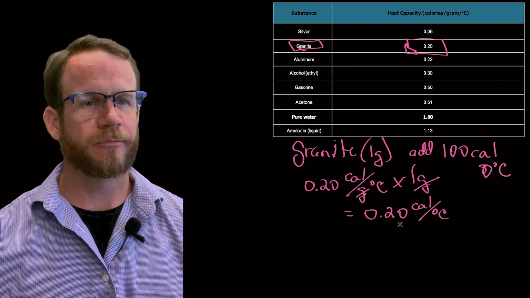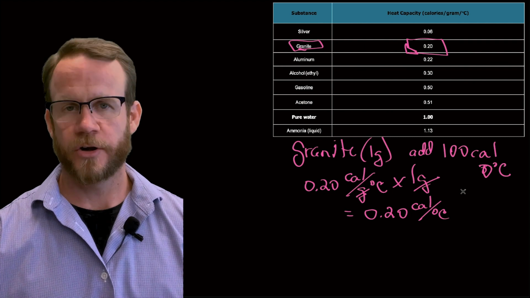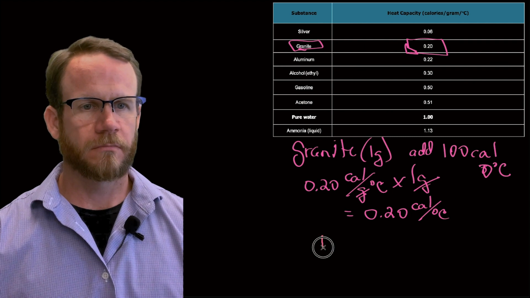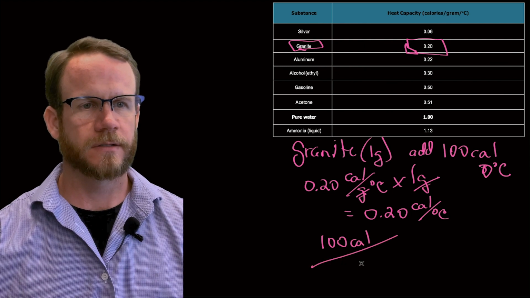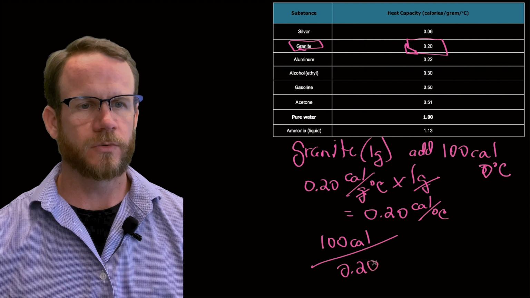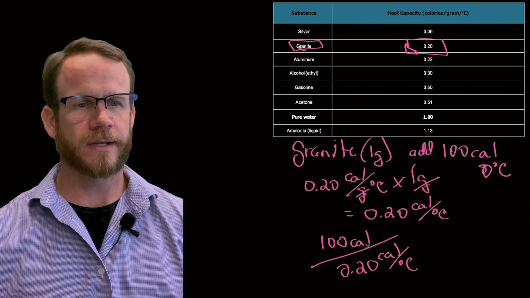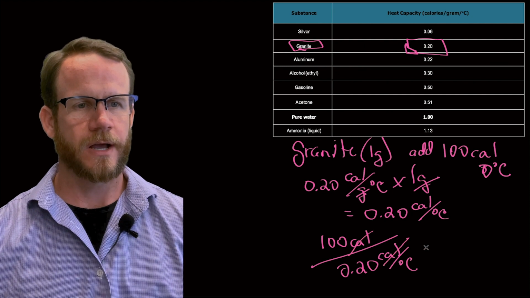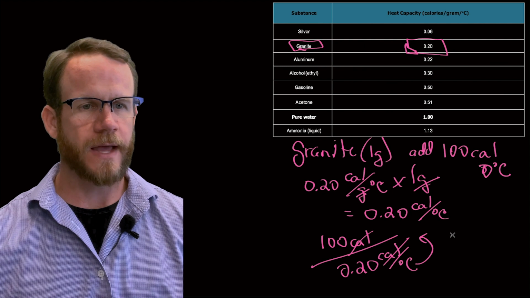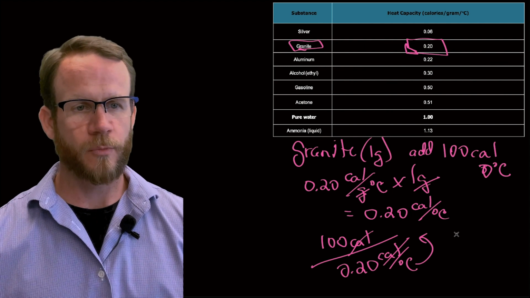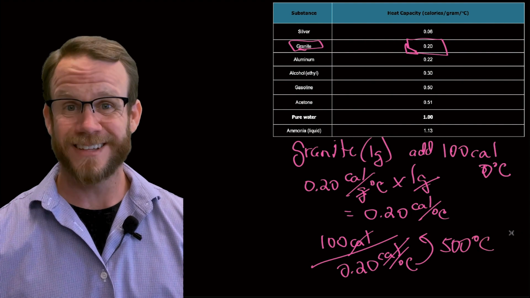All right, so I have 0.20 calories per degree C, and I want to add 100 calories. So I'm going to take my 100 calories and divide by 0.20 calories per degree C, because dividing means I can cancel that calorie out, I can move degree C to the top, and that leaves me with 100 divided by 0.2, which is 500 degrees C. A lot, right?